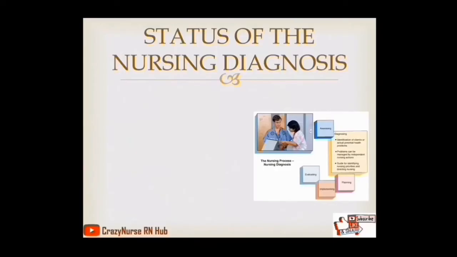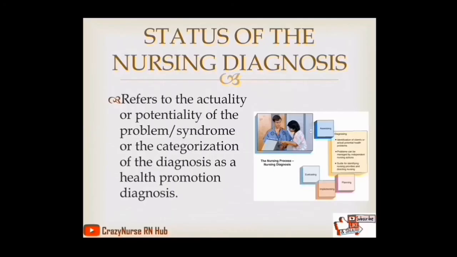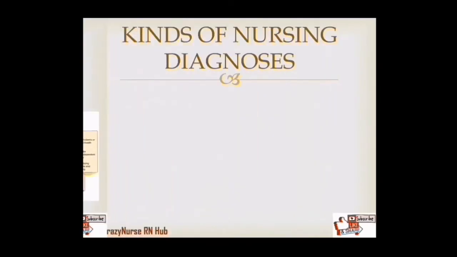It refers to the actuality or potentiality of the problem or syndrome, or the categorization of diagnosis as a health promotion diagnosis. The kinds of nursing diagnoses, according to status, are actual, health promotion, risk, and syndrome.